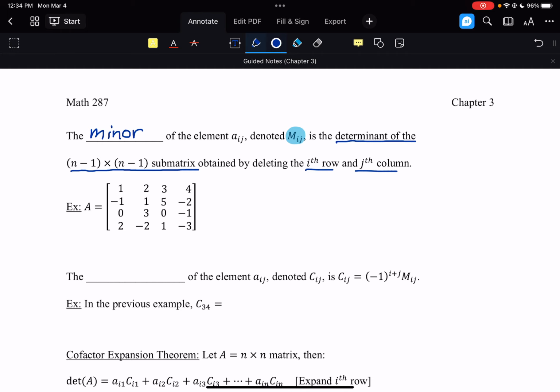So, for example, if we have this 4x4 matrix and we want to determine the minor of the 3-4 component, then we need to compute the determinant of the submatrix obtained by deleting its row and its column.